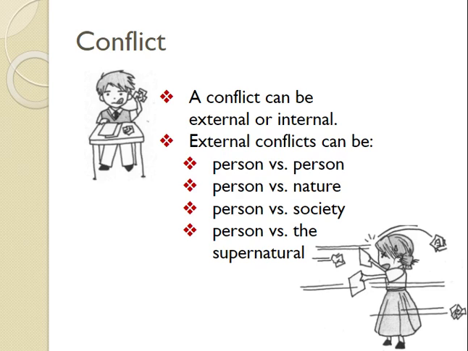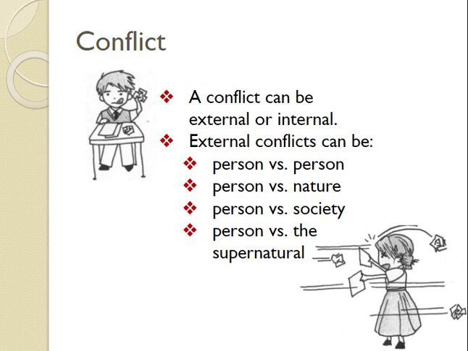But then most short stories also at least partly involve external conflicts, a conflict between the protagonist and somebody else, person versus person, or against nature, against society as a whole, or against the supernatural, against supernatural beings, against ghosts, against God or gods.